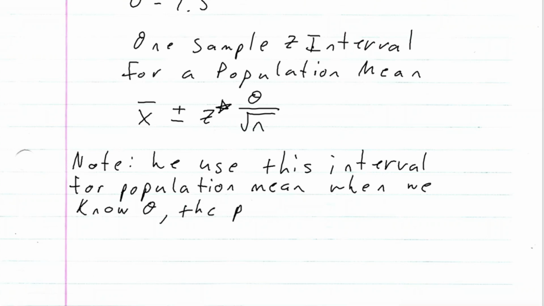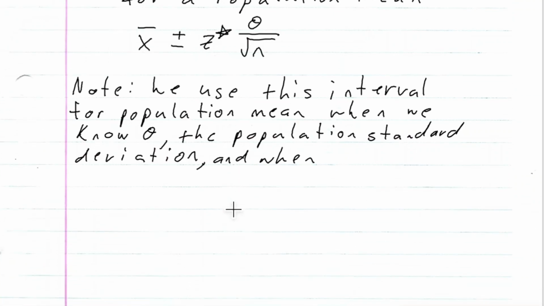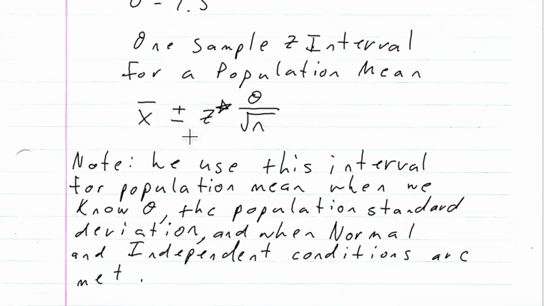And obviously we use this when the normal and independent conditions are met. So that's when we use this one sample z interval, right?